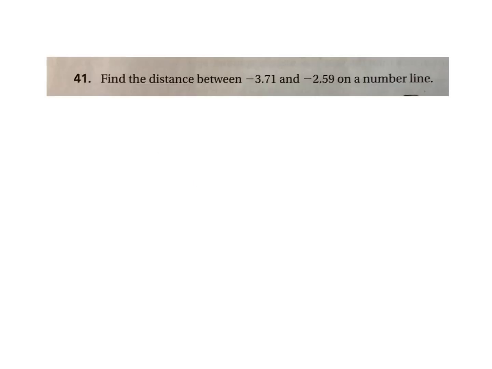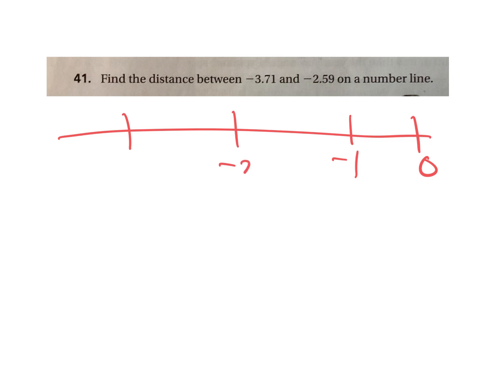Number 41 says, find the distance between negative 3.71 and negative 2.59 on a number line. So if I would do a number line, I know I have 0 there, negative 1, negative 2, negative 3, and that's negative 4.